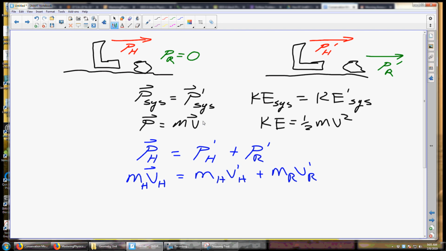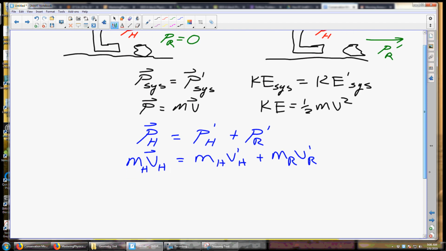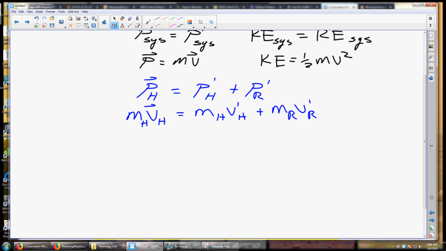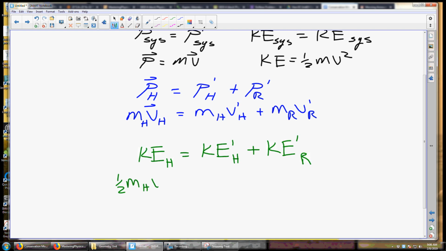I can substitute in there. I won't find an answer, so I'll have to move on to my kinetic energy just like last time. So I'll do kinetic energy of H equals kinetic energy prime of H. You know, that was not quite correct.